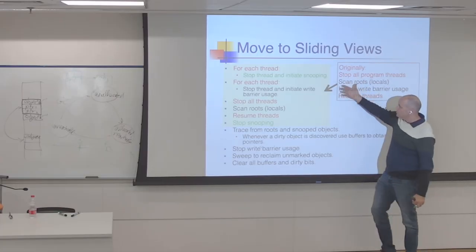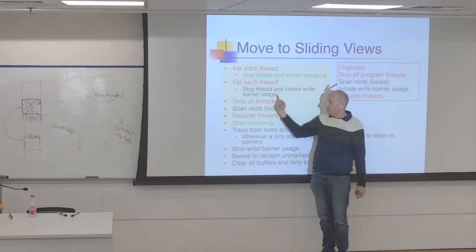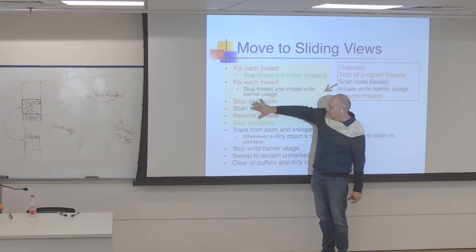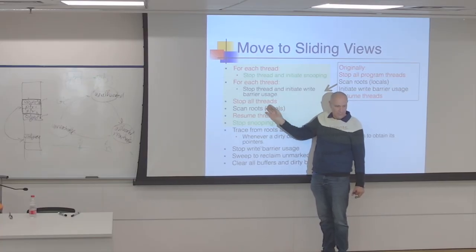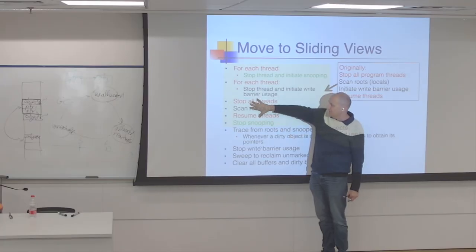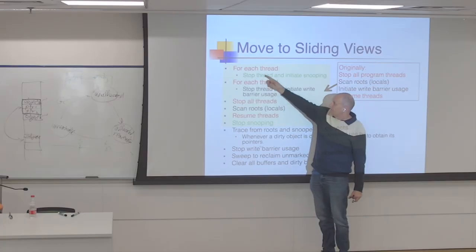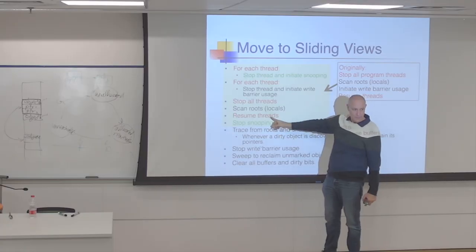So suppose we could, for each thread, stop the thread and initiate the write barrier usage, and allow me to do the roots later. But eventually we'll also do roots reading for each thread separately, so we'll not have to stop all threads simultaneously. And before that, I'm going to start snooping and stop snooping after I resume the threads.